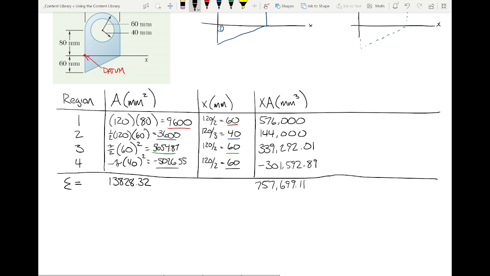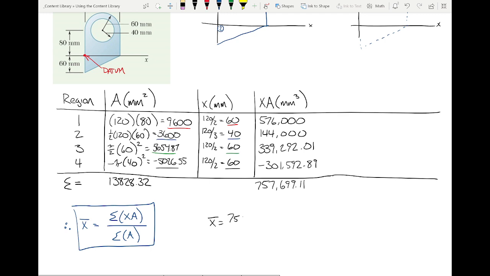Okay. Why did I do that? Because I propose that our centroid formula is this. It's just our moments divided by our forces. Only instead of moments of forces, we're doing moments of area. Areas and moments of area. That's all this is. So X bar is 757,699.11 millimeters to the third.